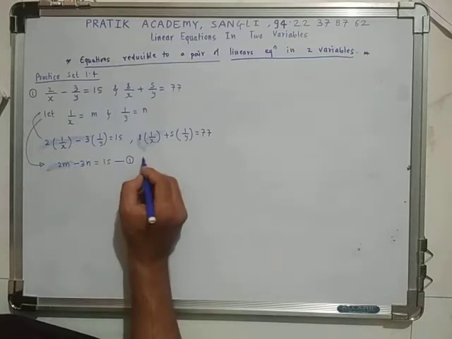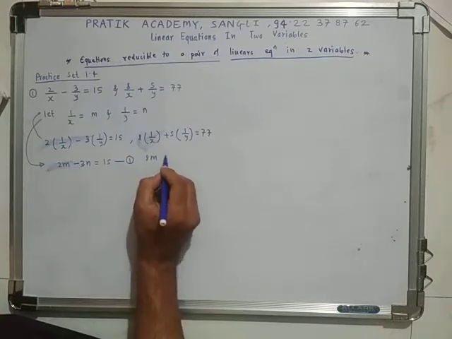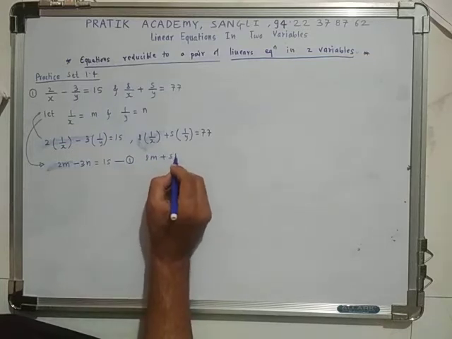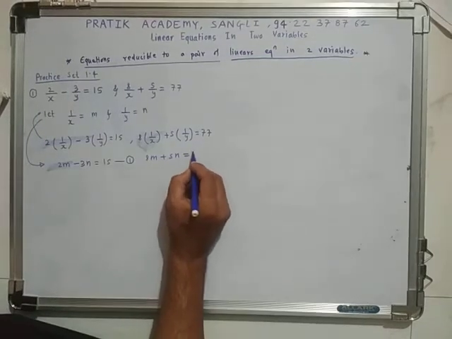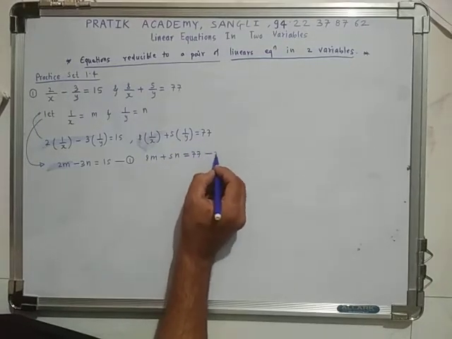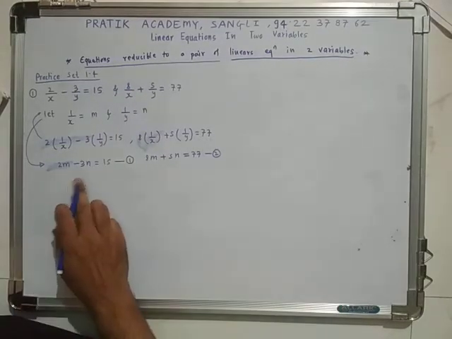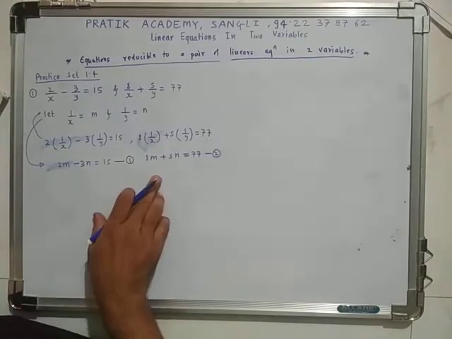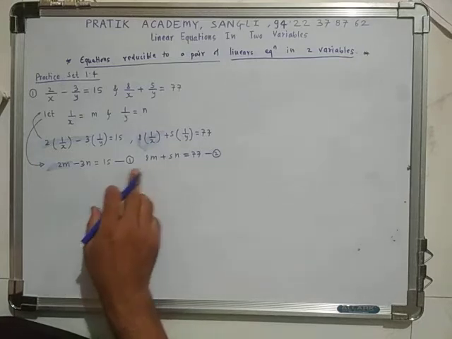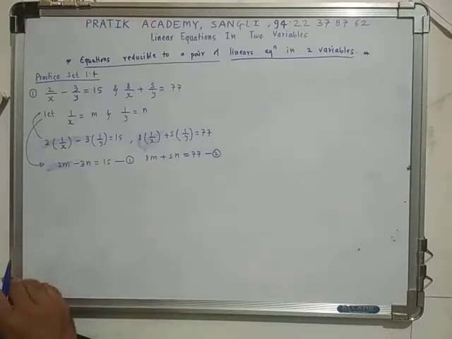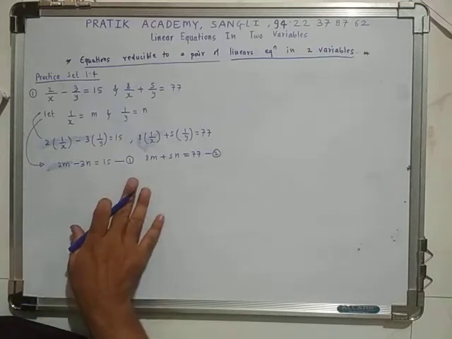Call this equation 1. 8m plus 5n is equal to 77. Call this equation 2. Now we get two linear equations in two variables, and now we have to solve.